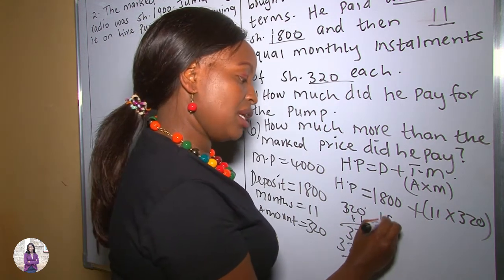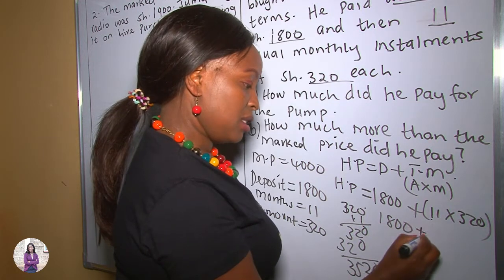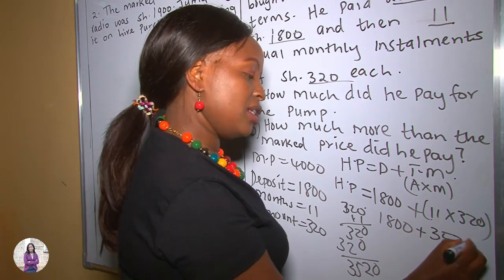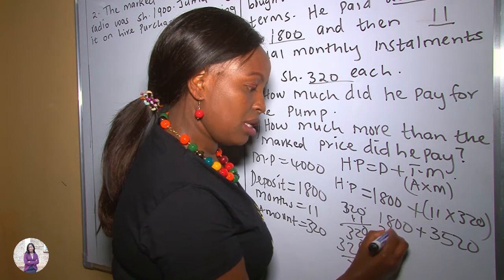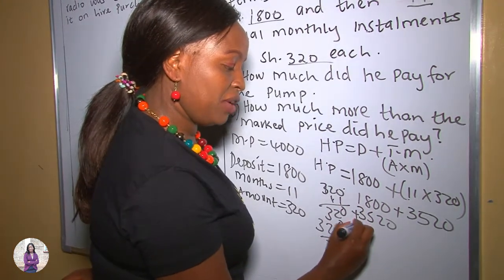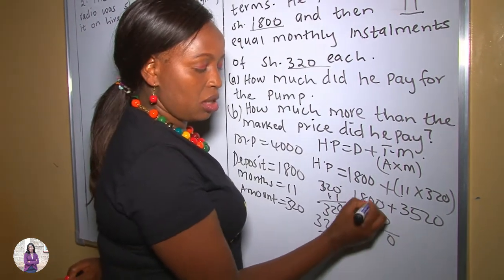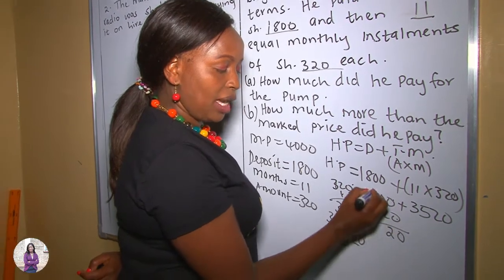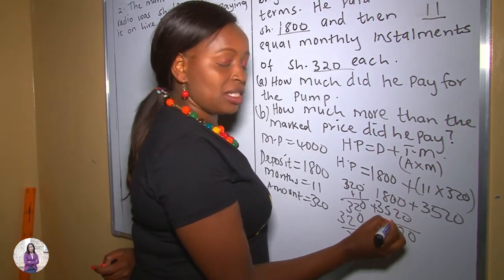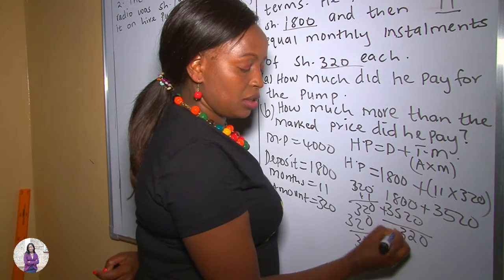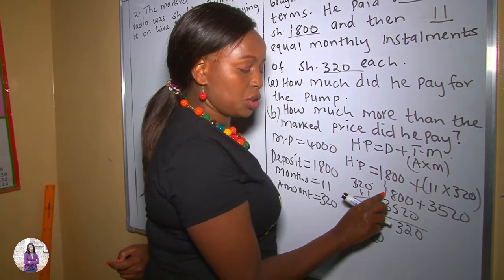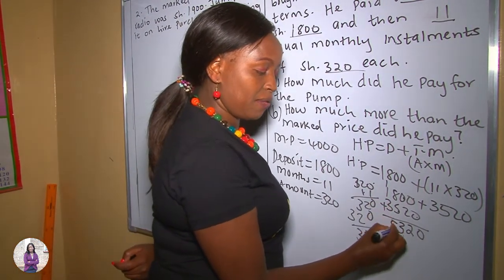Therefore, it's 1,800 plus 3,520. Just add vertically. 0 plus 0 is 0. 0 plus 2 is 2. 8 plus 5 is 13. 3 carry 1. 1 plus 1 is 2. 2 plus 3 is 5.